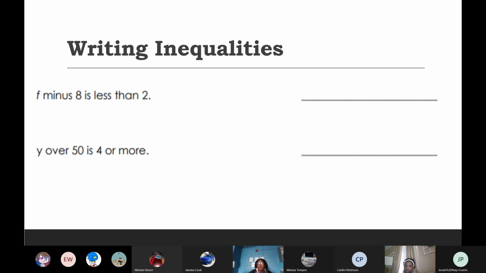So we're going to write some more inequalities today. You want to write this in your notes, writing inequalities. And this is examples 3 and example 4. Look at what we're going to do here. I see some key words I don't want to forget. F minus 8, I'm going to write that just as simple.